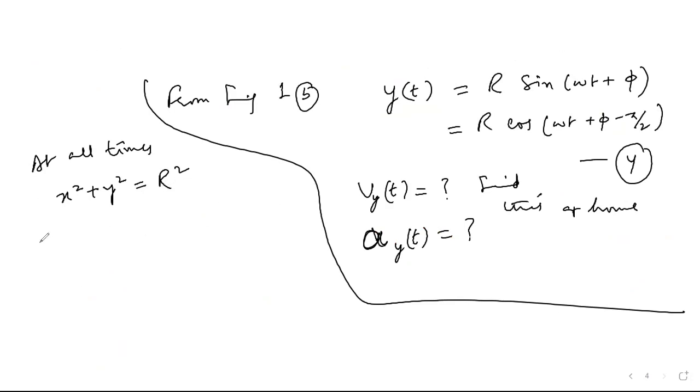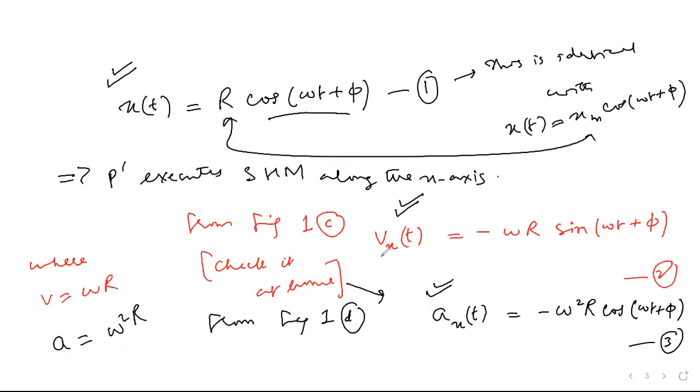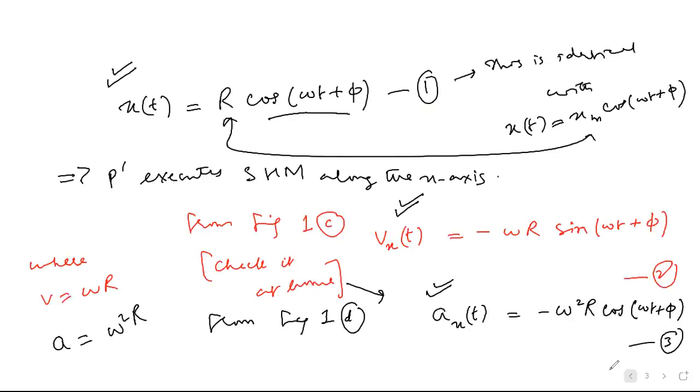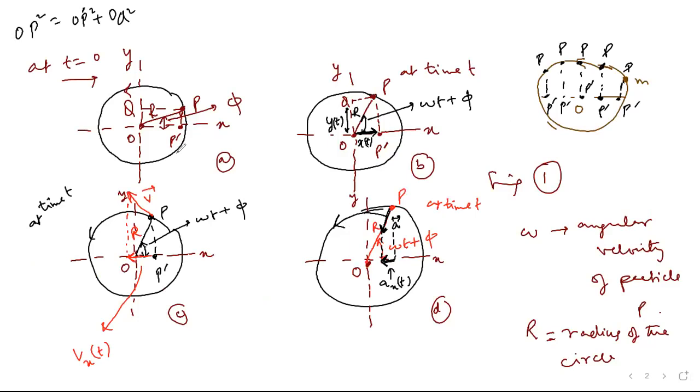Similarly, when you do Vx square plus Vy square, you will get V square. When you find Vy of t, square that, square Vx of t, and then add those, you will get V square. Simple, because Vx and Vy are basically the rectangular components of V. V is the magnitude of the velocity vector of the particle going in a circle.